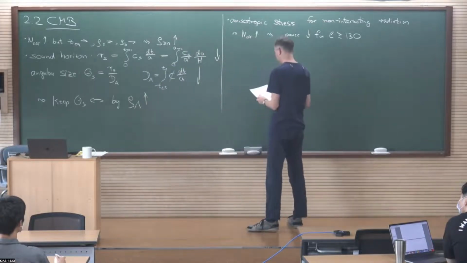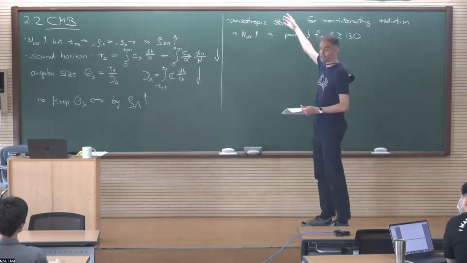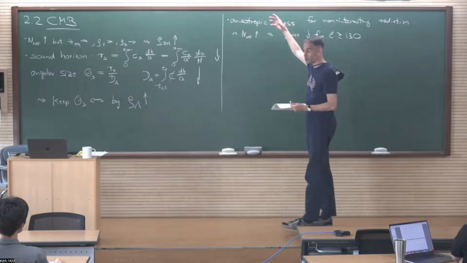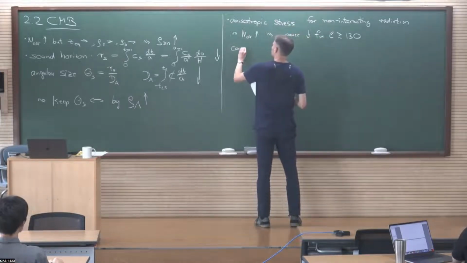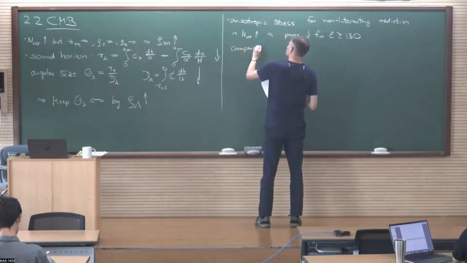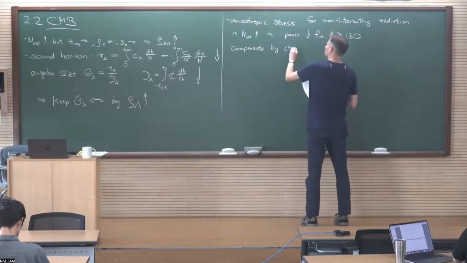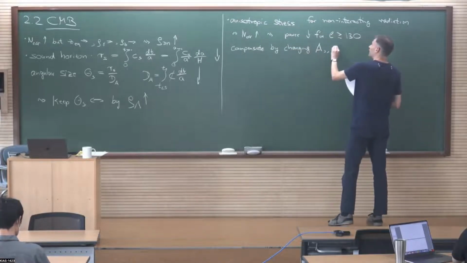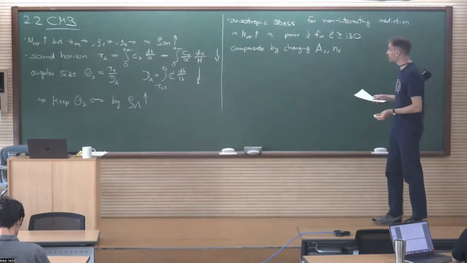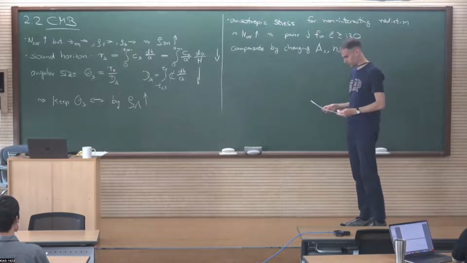So essentially this means that the anisotropic stress does not necessarily lead to a strong bound on an effect. So let me say here, compensate by changing the amplitude and spectral index of the primordial fluctuations, AS and NS. That's the usual letters, right?